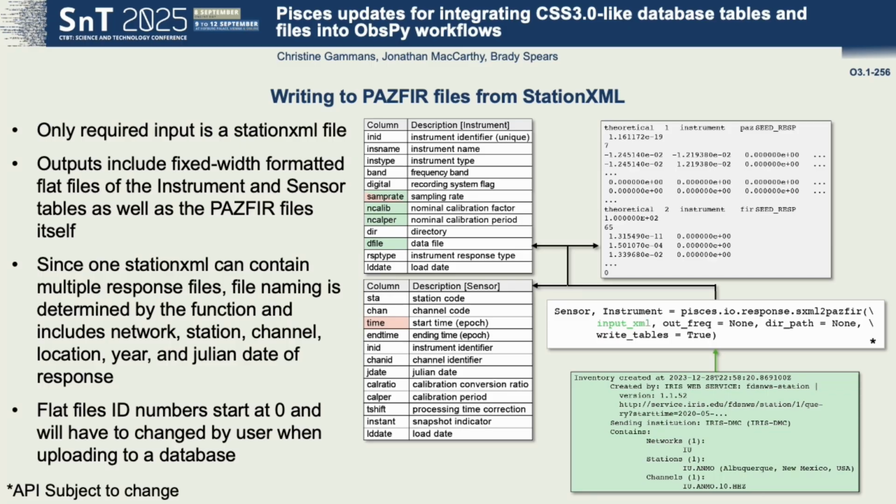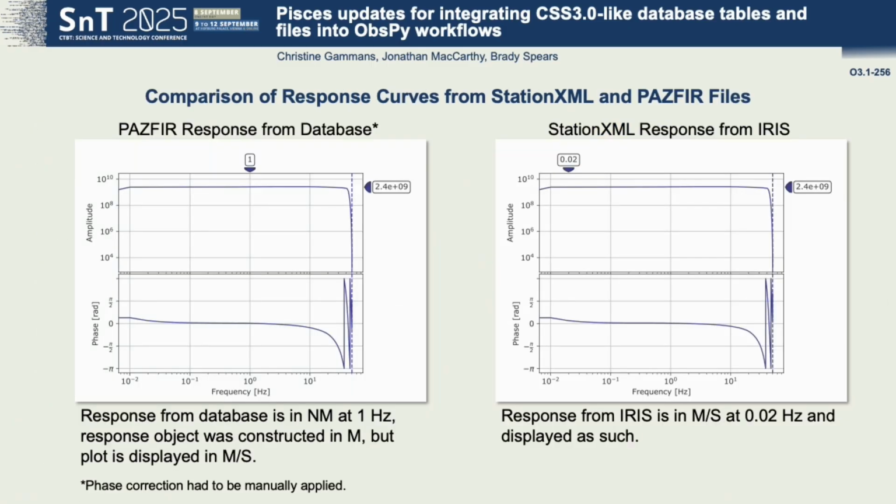Here I wanted to show a comparison of response curves to indicate that the passphere reader works as expected. The figure on the right shows the response curve from the station XML file for station ANMO from Iris. And the figure on the left shows the response from the PASFIR file in our database.